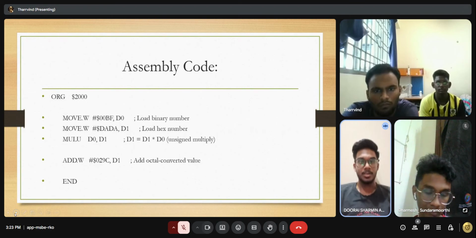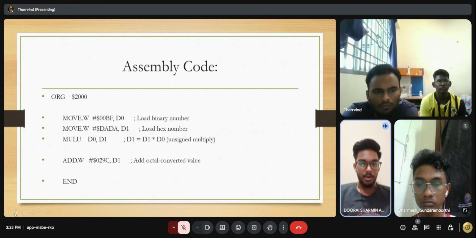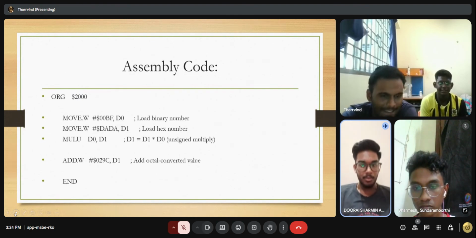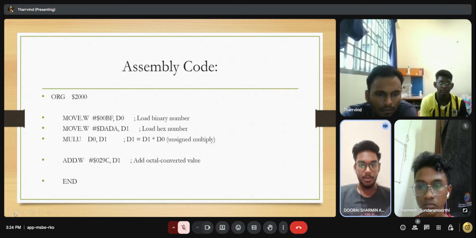Now the assembly code. First, ORG $2000. Then MOVE.W #$00BF, D0 loads the binary number.